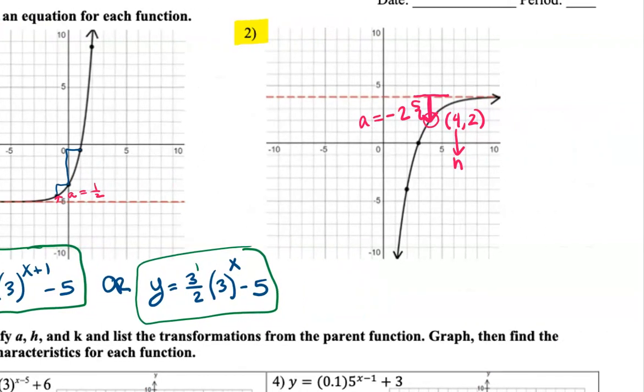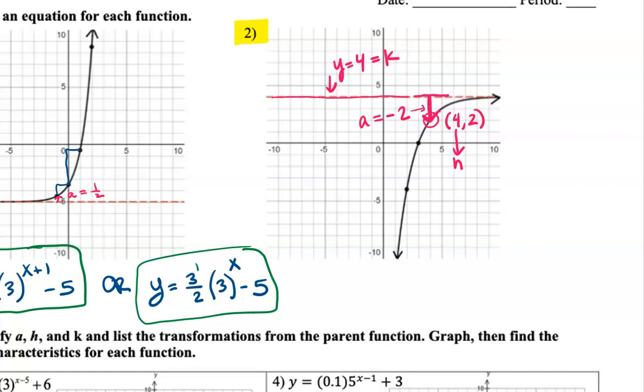But in this scenario, I'm going down 2 from the asymptote. So for that reason, I'm going to use -2 as my a value. Then for the k value, it's just the location of my horizontal asymptote, which is at +4. So that will be my k value.